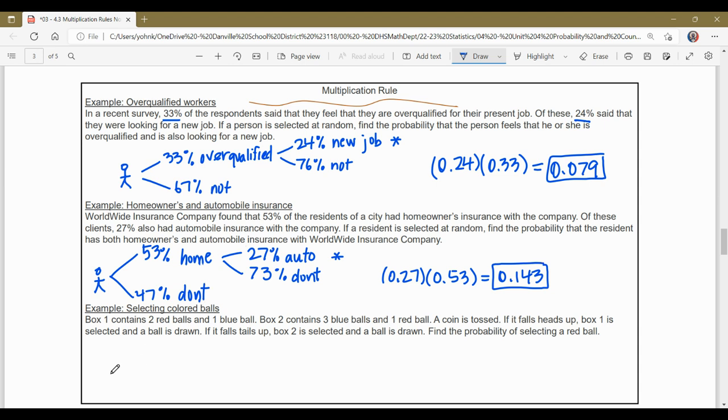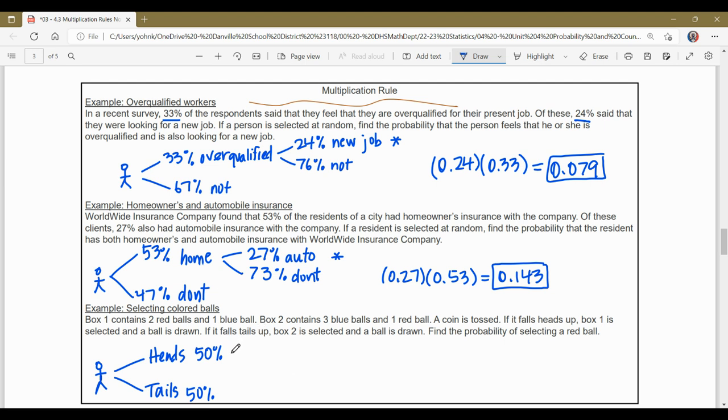Okay, well, you can start down here. You can toss a coin and get heads, and you can toss a coin and get tails. You're going to get heads 50% of the time, and tails 50% of the time.